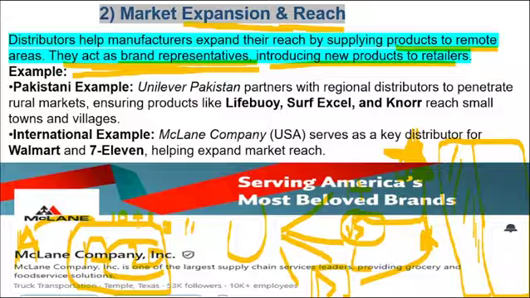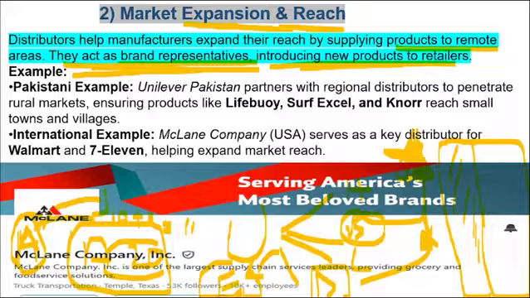They are working as a brand representative and introducing new products to the retailer. For example, a company introduces product E, starts manufacturing product E, newly introduced in the market. So that salesperson will also tell those 10 shopkeepers that product E is also launched in the market, and this is going to be the most demanded product.